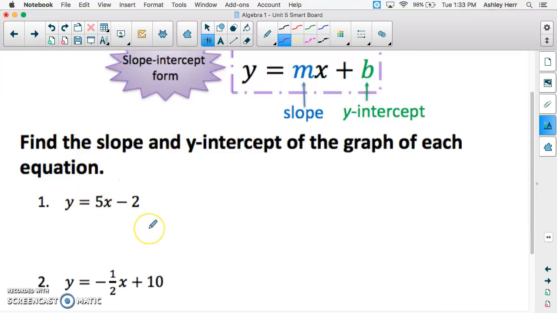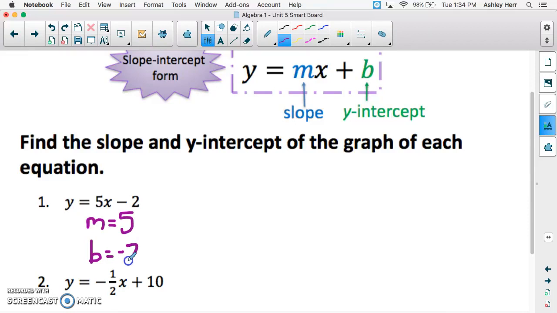Is this equation already in slope-intercept form? Yes. Okay, so your slope is m. In this equation, what is our slope? 5 is, because 5 is being multiplied to x. What is your y-intercept? Good, it's negative 2.